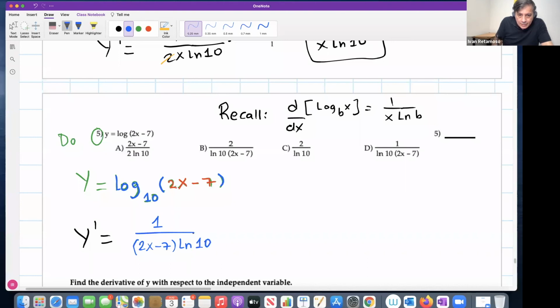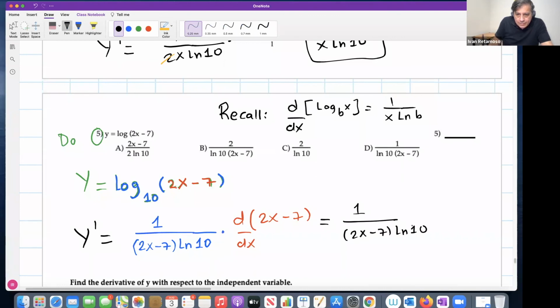But it's not over, because then you have to multiply this by the derivative of 2x minus 7 with respect to x, the derivative of the inside function, according to the chain rule. So this simplifies to 1 over 2x minus 7 multiplied by natural log of 10 times the derivative of this guy. Once you distribute this derivative over, the derivative of 2x is just 2, and the derivative of 7 is 0.